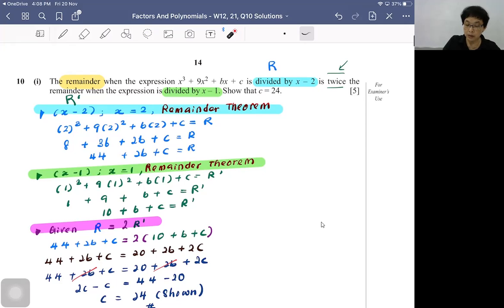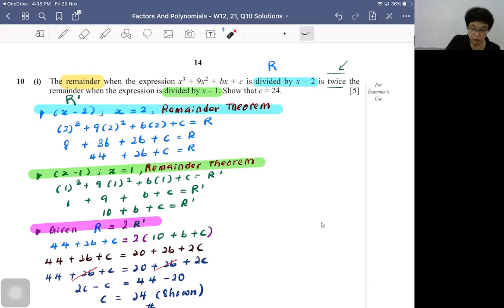And you know that the sentence is not complete. In fact, it is relational to another division and another remainder. It says the remainder when the expression is divided by x minus 1. In other words, when you divide the expression by x minus 1, you're going to get another remainder.